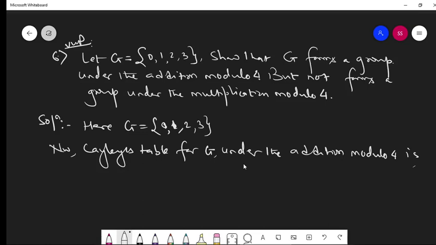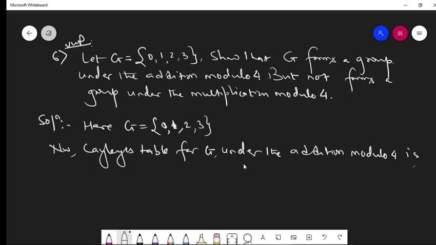Similarly, you can check once more. Here you can see in the table, yes, 3 plus 1 is 0, 1 plus 3 is 0, 2 plus 2 is 0, and 0 plus 0 is 0. So that is also the elements.